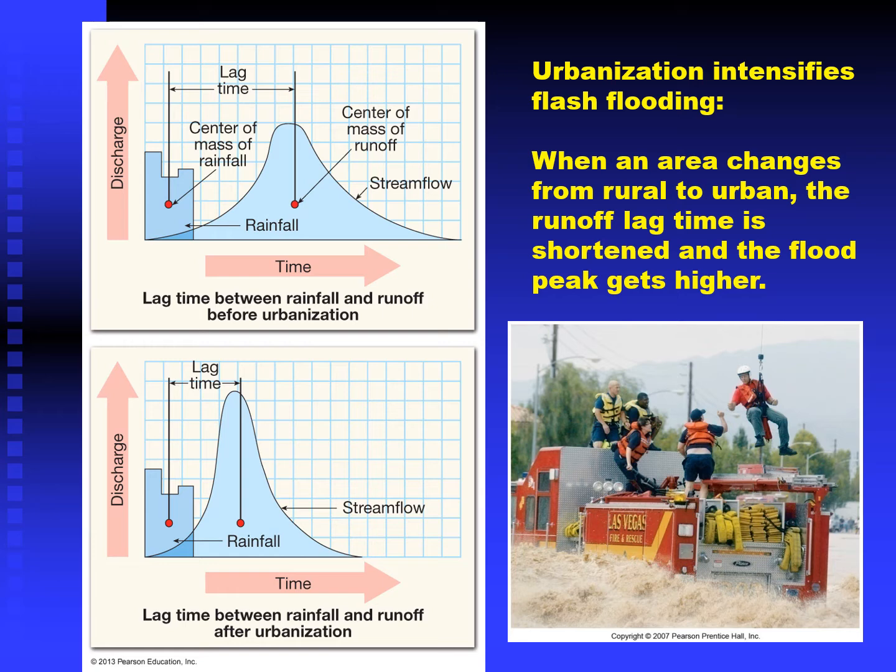So this is an interesting pair of graphs here. The one on the top left is showing what happens before urbanization, an area that has not yet been converted into a city and you haven't paved everything, versus the graph on the bottom left, which is after urbanization.